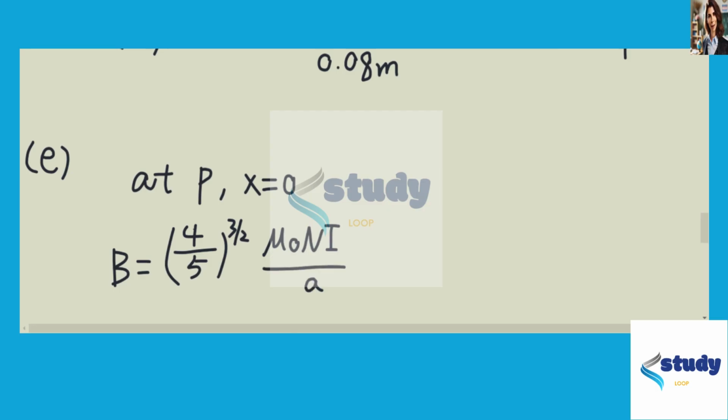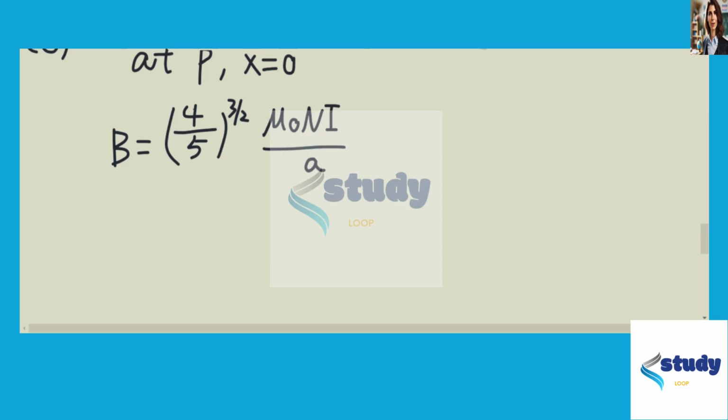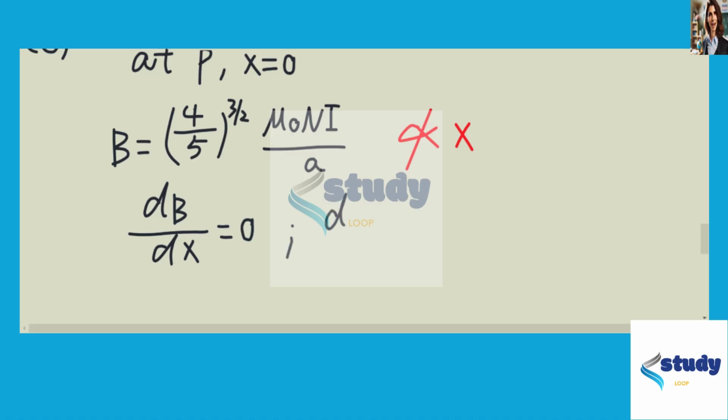And as you can tell, it has nothing to do with x. So therefore, dB/dx at this point should be equal to 0, since it has nothing to do with x in the equation. Same for the second derivative as well: d squared B over dx squared should be equal to 0 as well, since the first derivative is equal to 0 already.